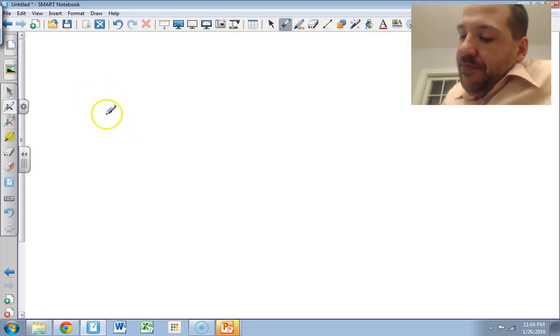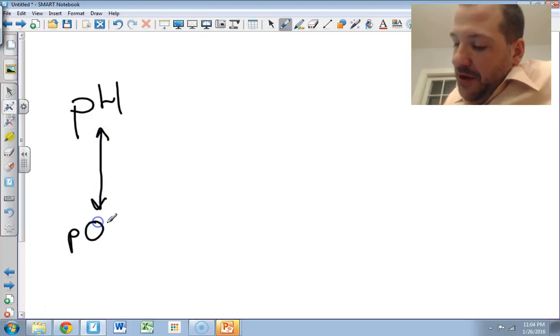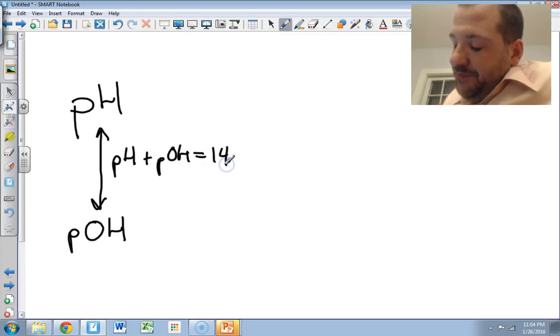So let's start by putting pH here. We can easily interconvert between pH and pOH using the relationship pH plus pOH equals 14. That allows us to interconvert between there.